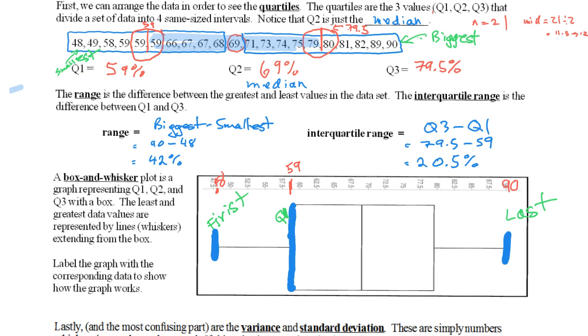Okay. Now we're also going to do the same thing for our Q3. So our Q3 is 79.5. So let's just put that in, 79.5.